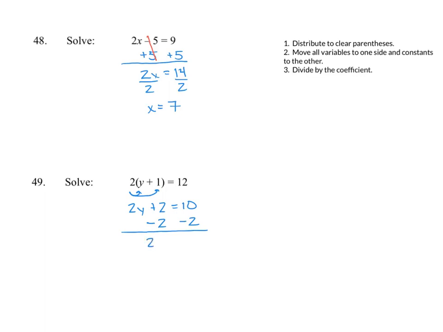On the left, we are left with 2y, since our plus 2 and our minus 2 cancel. And on the right, we are left with 8. From there, we can divide by 2 on both sides, and we get y equals 4. All right, that takes care of our equations.